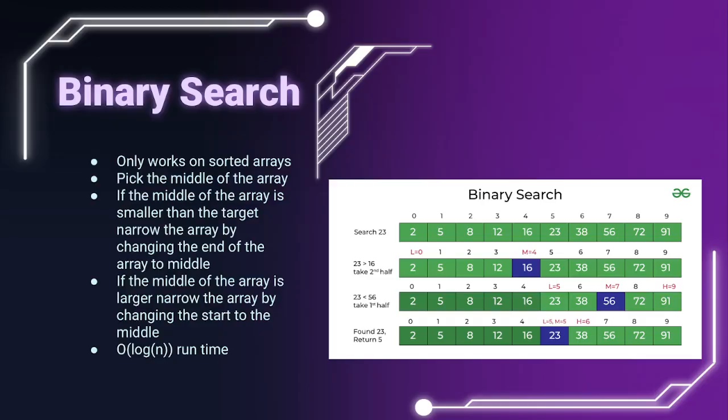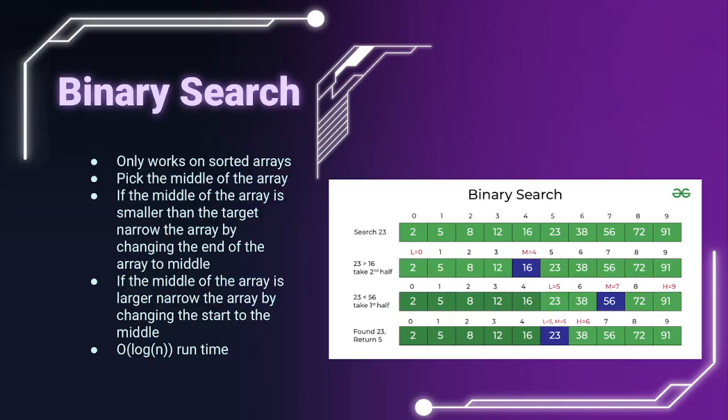But a linear search is just going through an array and looking for an element that you need to search for. Once you find that element, it's going to return that element and you're good.